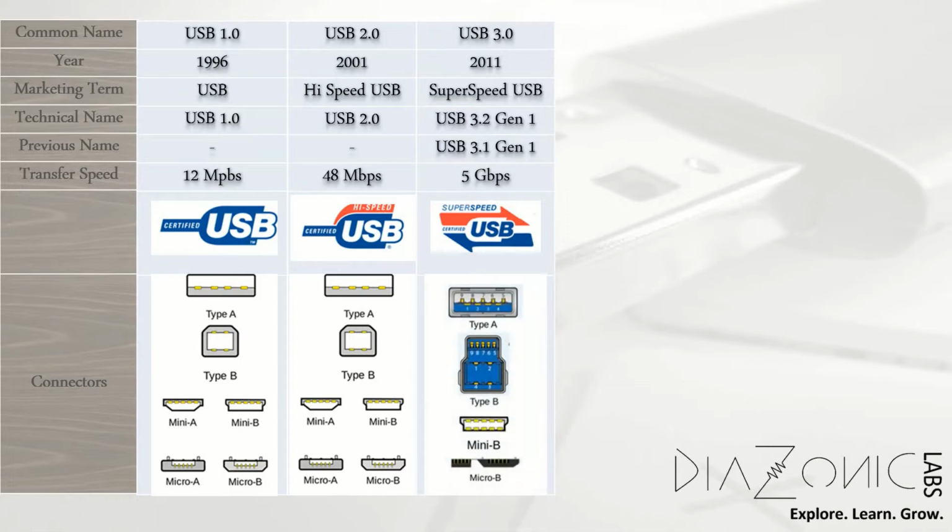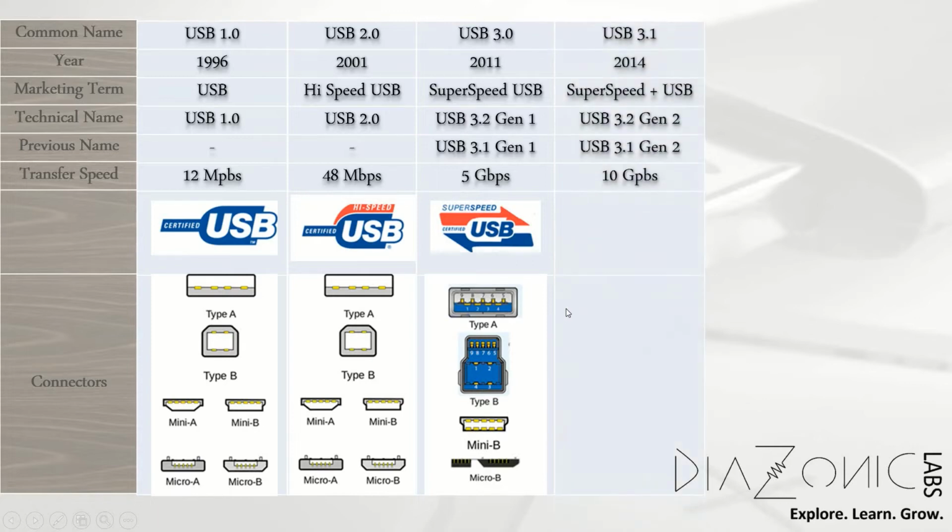The connectors were changed to increase the speed, and for the devices to get the maximum speed, extra connector pins were added. Previously it was four pins, here there were 9 pins. Similarly, the Type B USB had 5 extra pins, and the mini B and micro B. The micro B connector was changed completely. There were extra bits added.